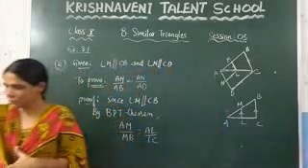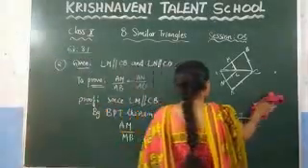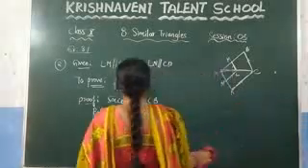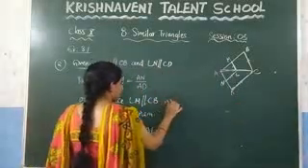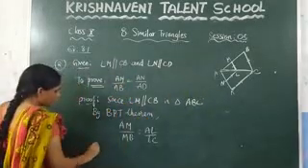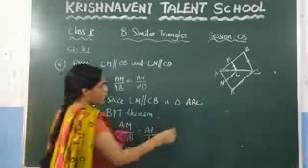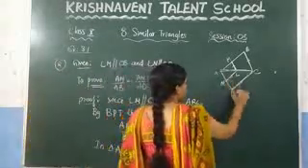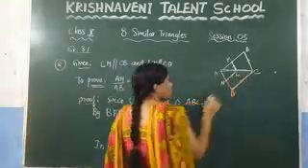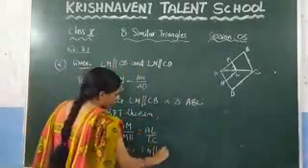So write it here, in triangle ABC, right? Now similarly you need to consider the triangle, which is nothing but ADC. If you consider this below triangle ADC, LN is parallel to CD. This is the condition they have given, LN is parallel to CD.